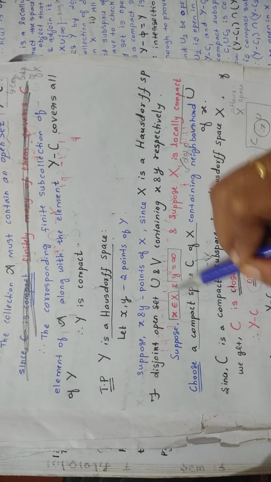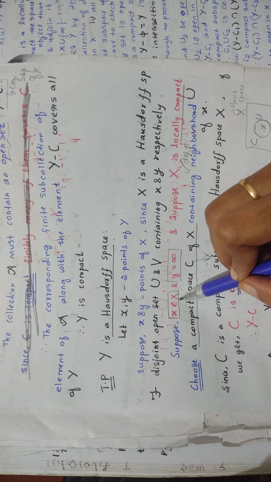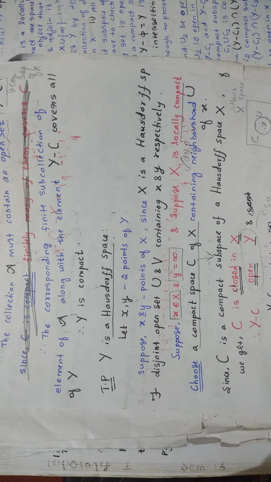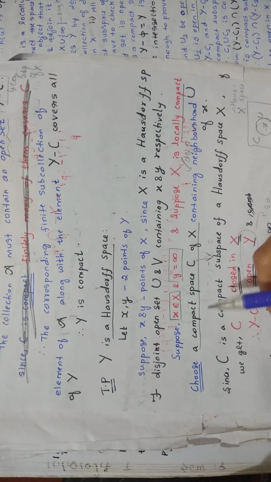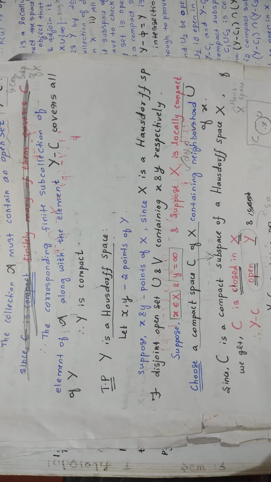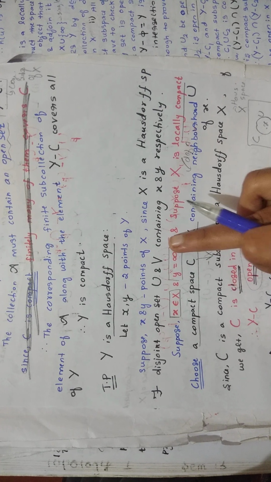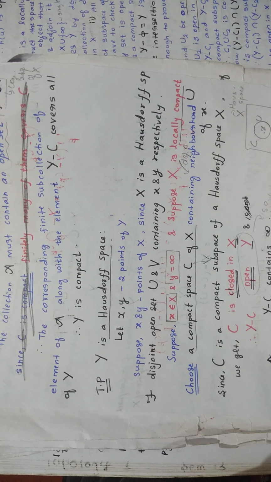Now suppose x belongs to X, and y equals infinity, and X is locally compact. By the definition of locally compact, there will be a compact space, and within that compact space you will have a neighborhood. So, x belongs to X, y equals infinity, and X is locally compact.